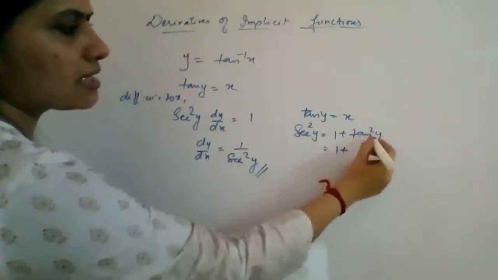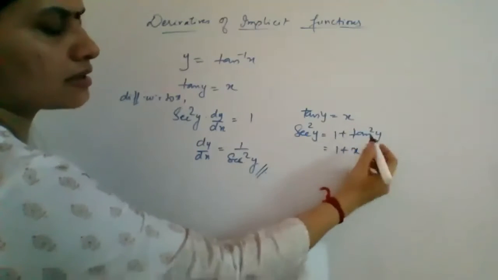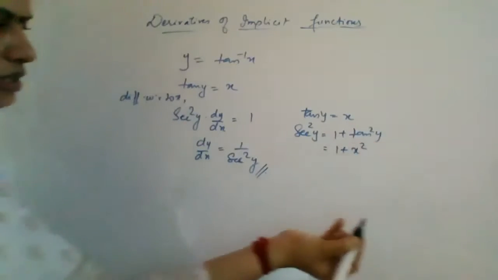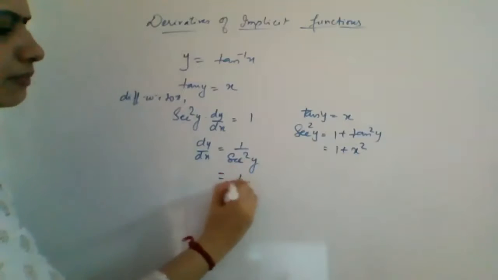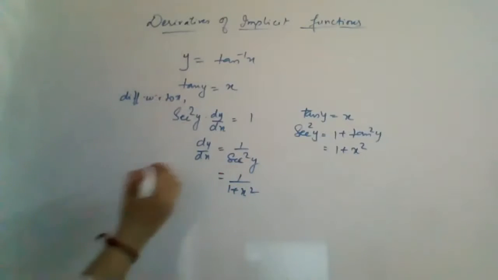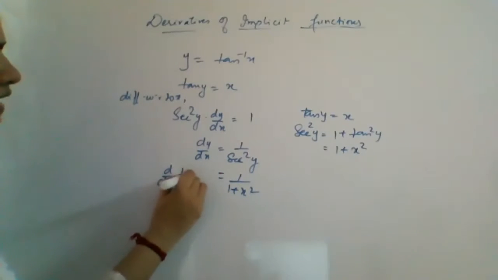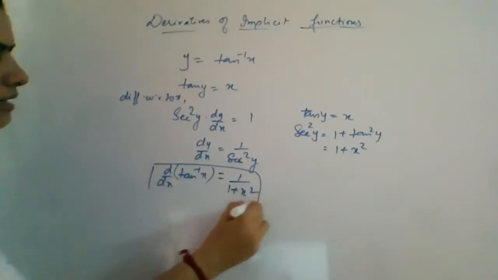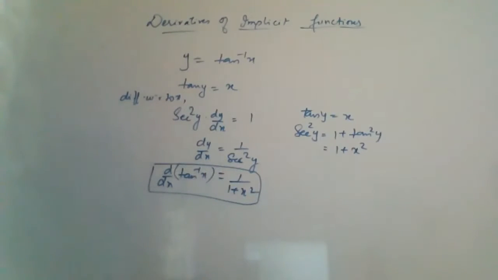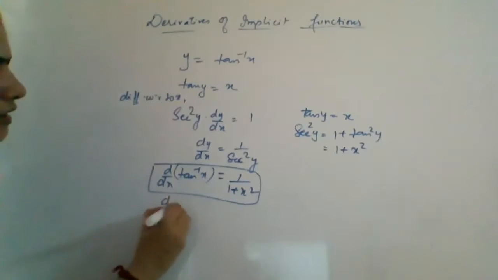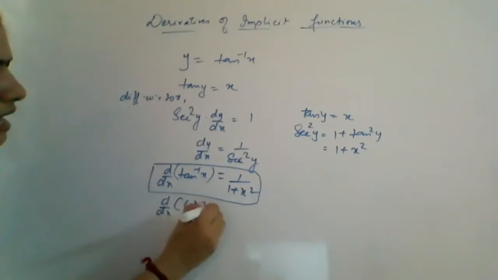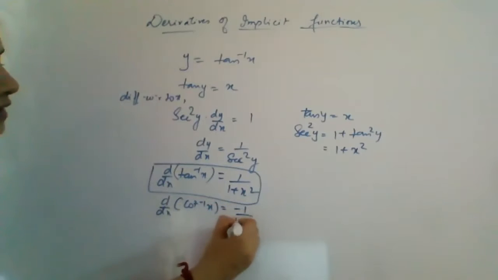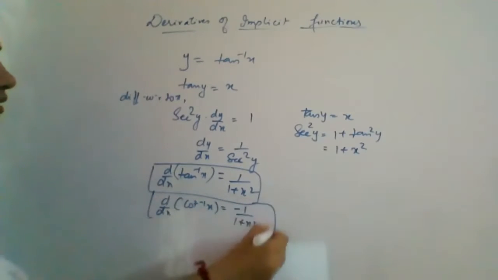So you'll have 1 plus, since tan y is x, you get x square. Therefore, this became 1 by 1 plus x square. That is, the derivative of tan inverse x is 1 by 1 plus x square. And we have the derivative of cot inverse x as minus 1 by 1 plus x square.